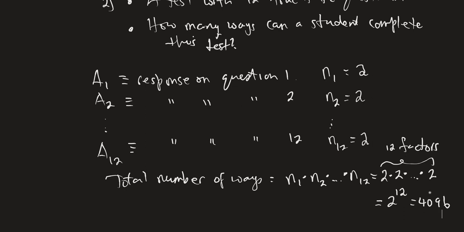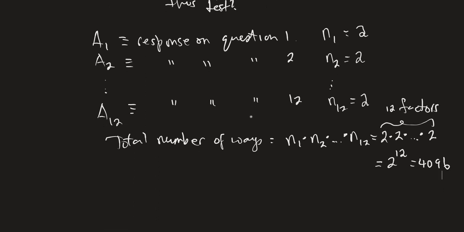Again, it's 12 questions, it's only true, false, but look at that. You end up with over 4,000 possible ways that this test can be completed, right? So that gives you an idea of how you can utilize this fundamental counting principle.